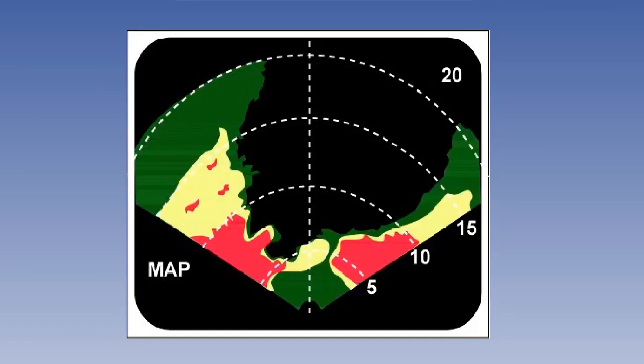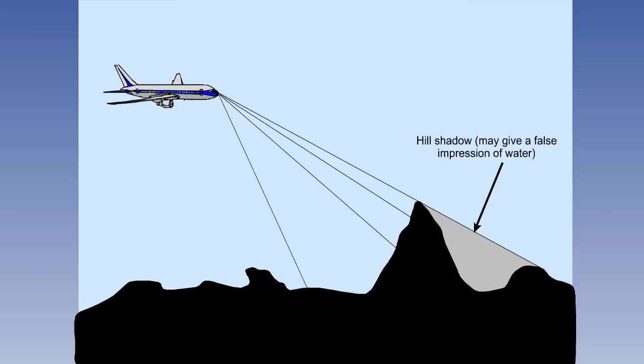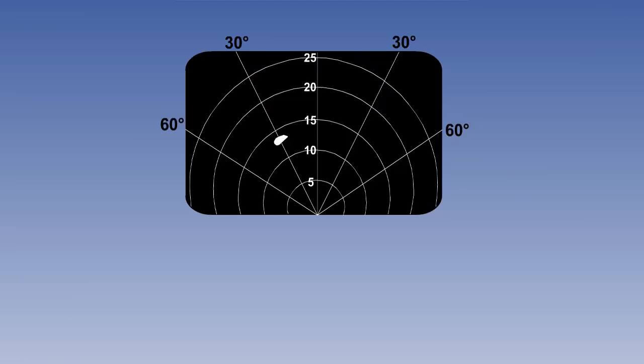Bright returns will be received from built-up areas and mountains, while ice produces jagged edges. Flight over high ground can produce a false image of a series of lakes due to radar shadow caused by the mountains.